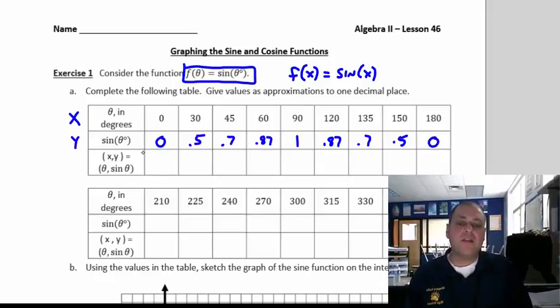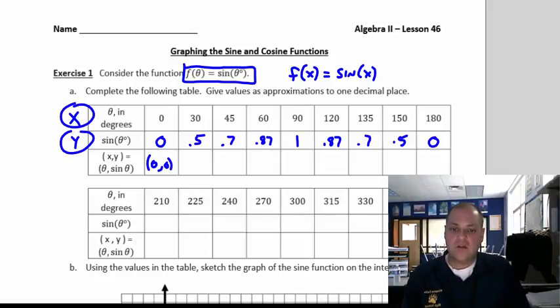Now, let's write these as coordinates, x, y, and then we're going to plot these points on our graph. So this is 0, 0. Remember, x, y, so these top ones are your x's, and this middle row is your y. The next one is 30, 0.5. Then it's 45, 0.7. Then 60, 0.8.